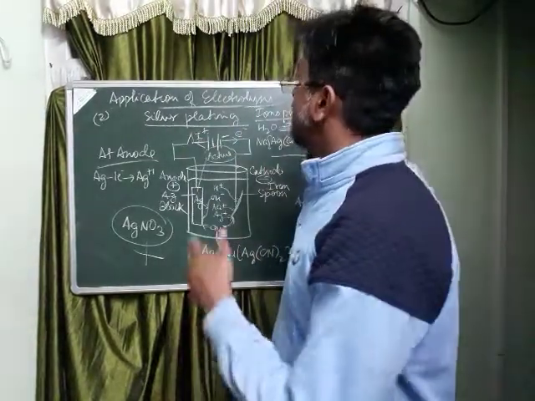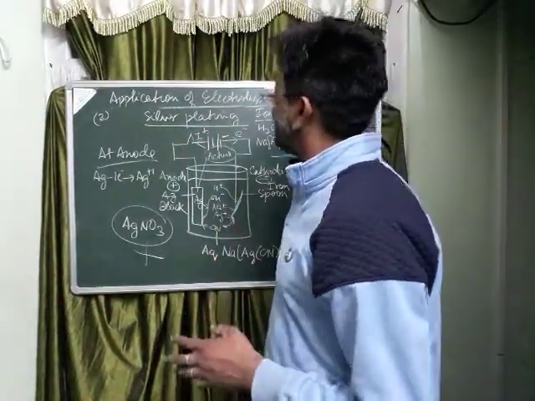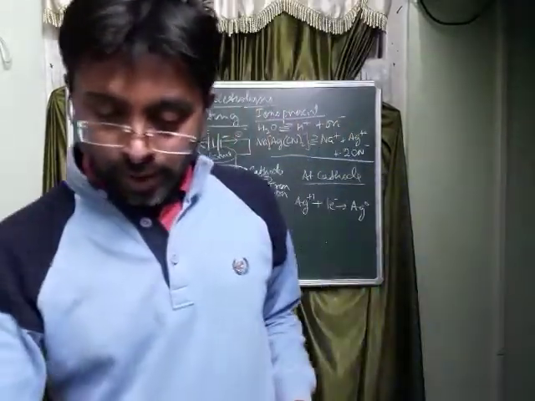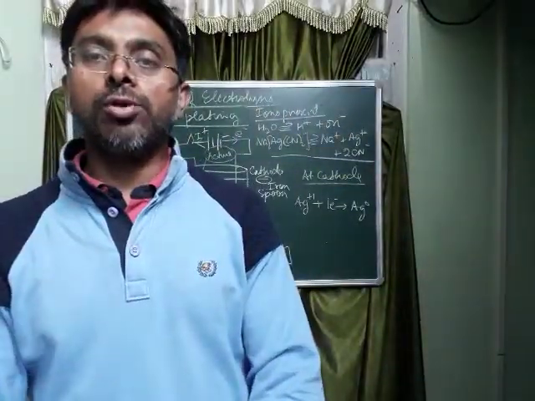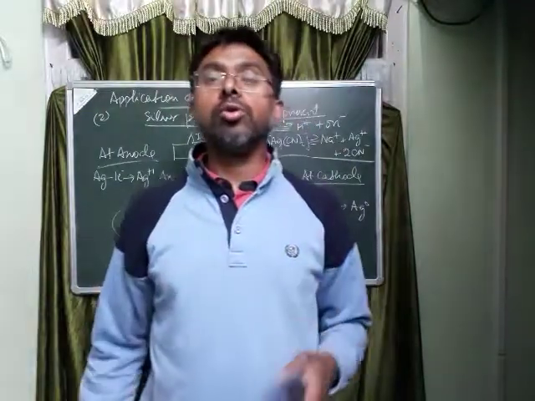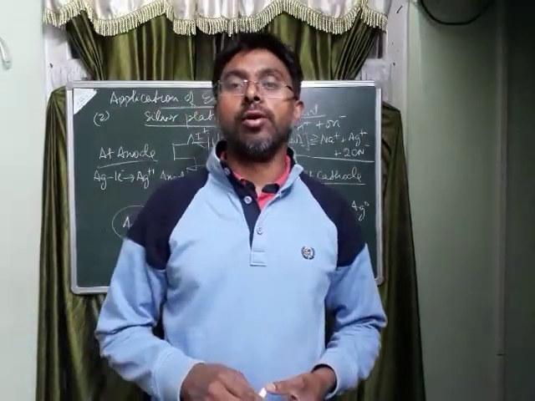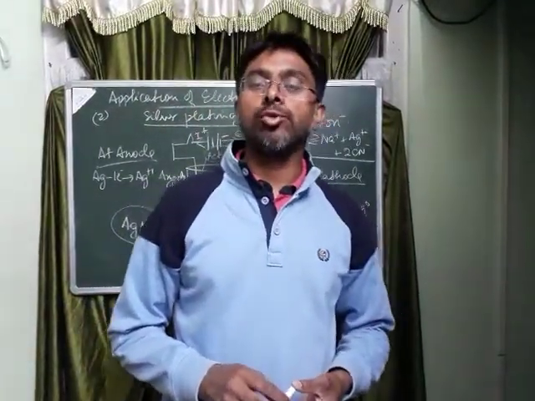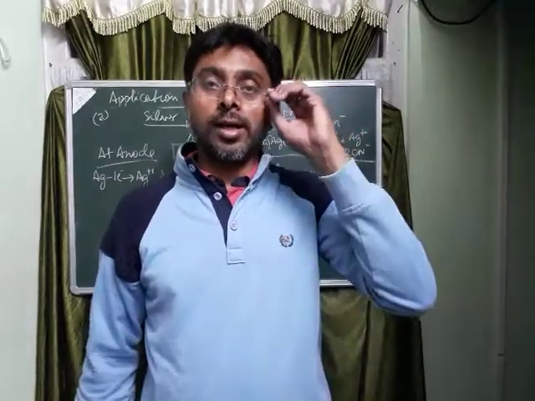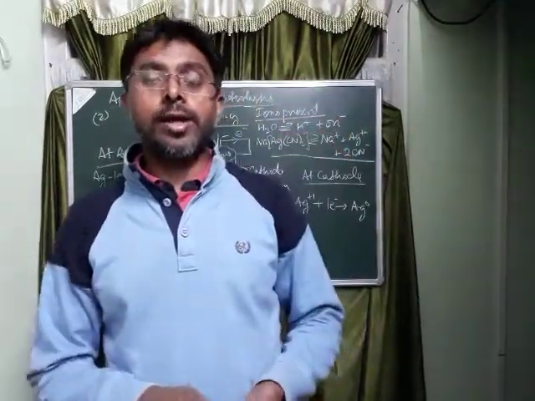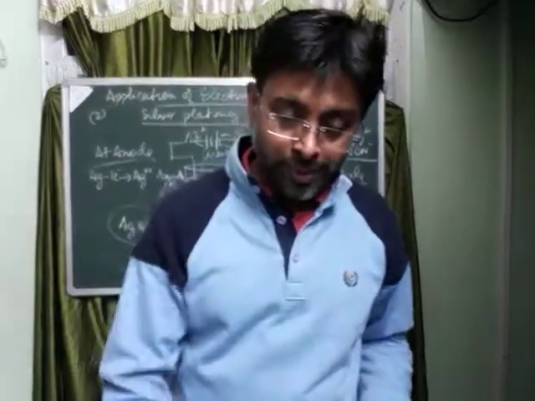So this is my second example for the application of electrolysis. Now, the main things I have already explained to you. Please go through my lesson from the school's website, which will be uploaded very shortly, like conditions for electroplating and the advantages of electroplating.